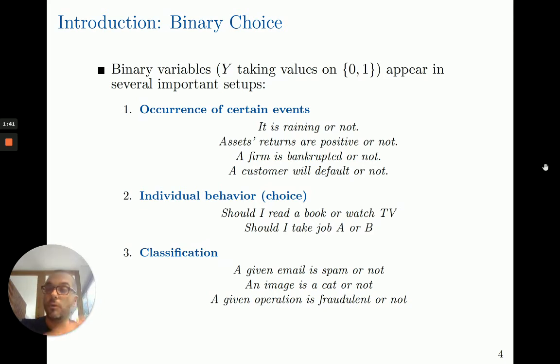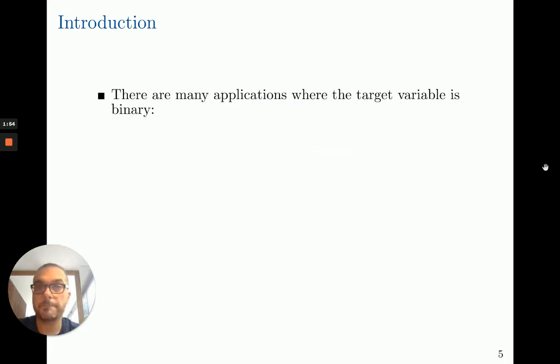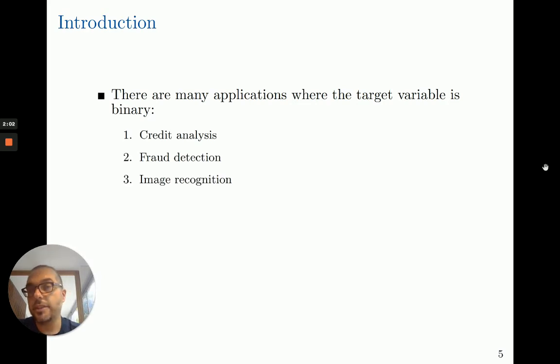Okay? So these are all situations where binary dependent variables are very important and are the target variable to be explained. There are many applications where the target variable is binary, like credit analysis, fraud detection, image recognition, and many more.